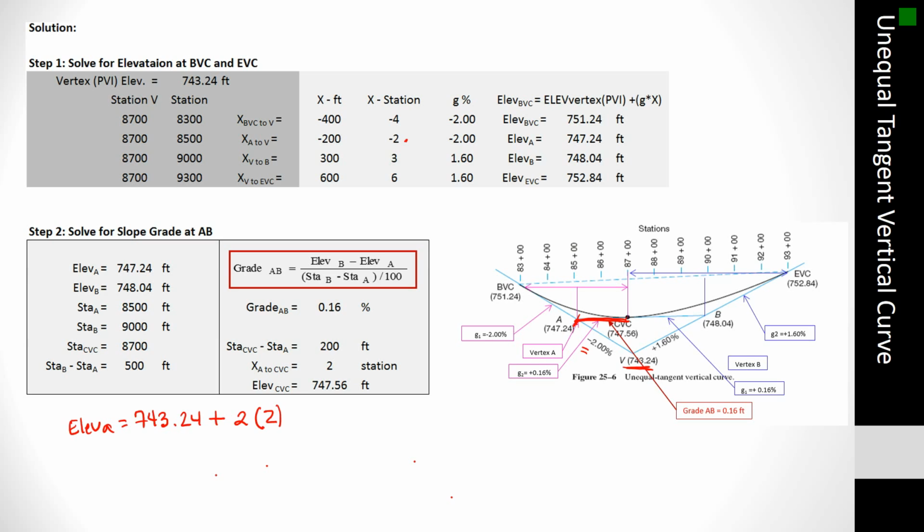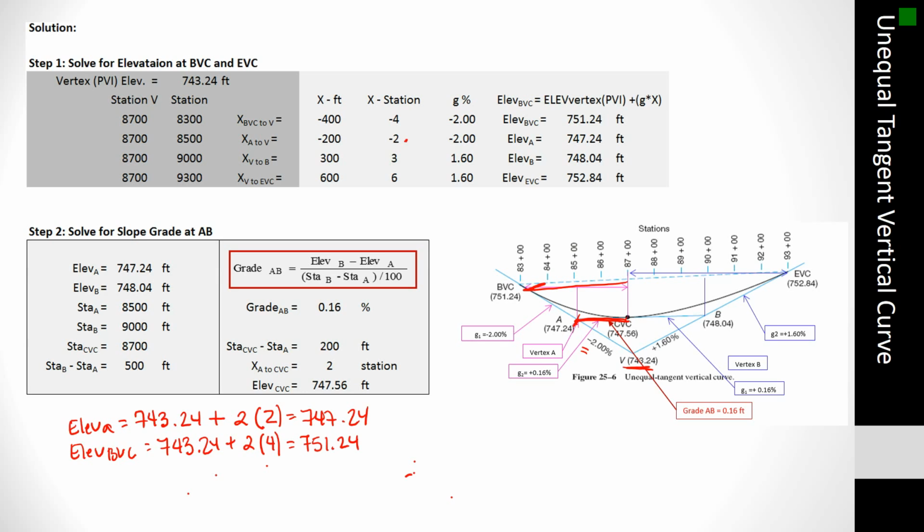That's this value here. When I take that, it's going to give me 747.24 if you do the math. Now the elevation at the beginning of vertical curve is going to be, again, the vertex 743.24, plus the 2%, again ignoring the negative value, times the 4 stations, which is the 400 feet to here, and that's going to give me an elevation of 751.24.